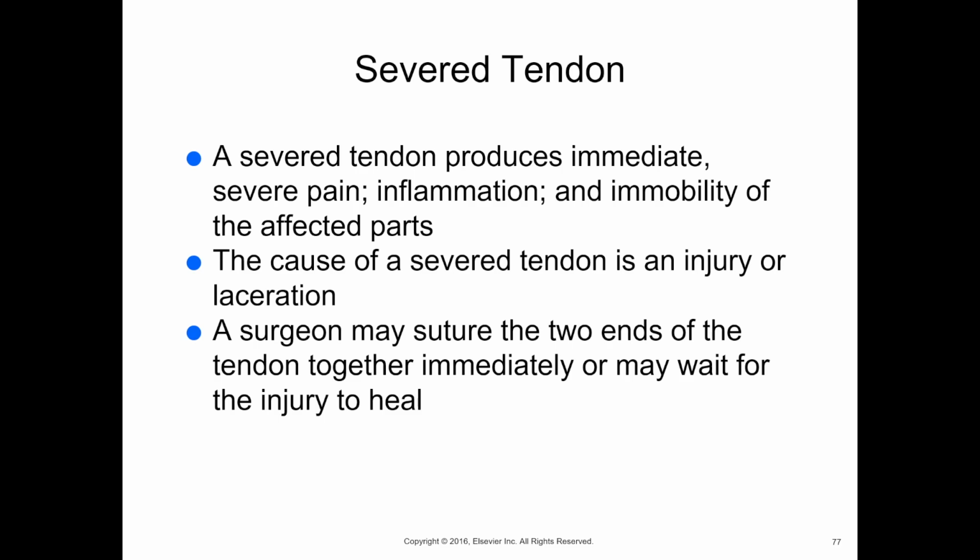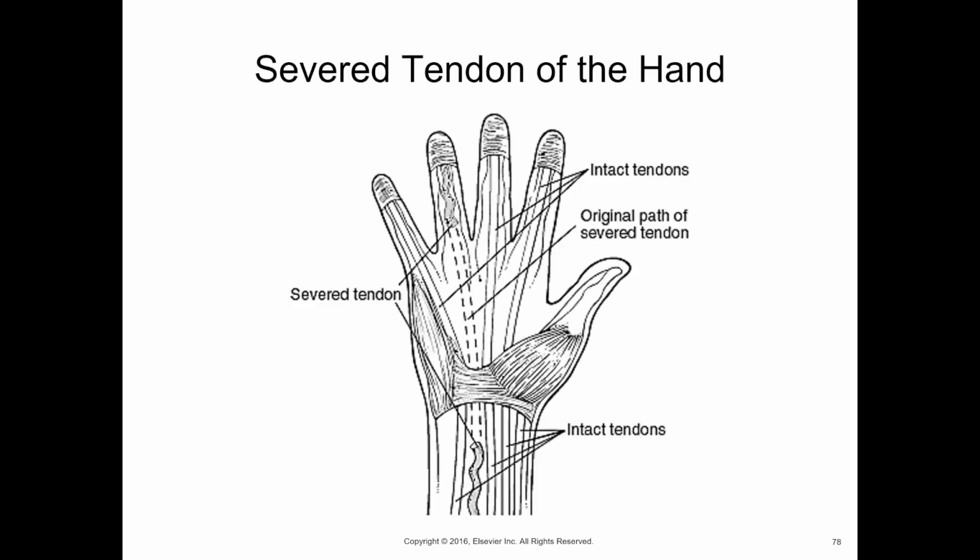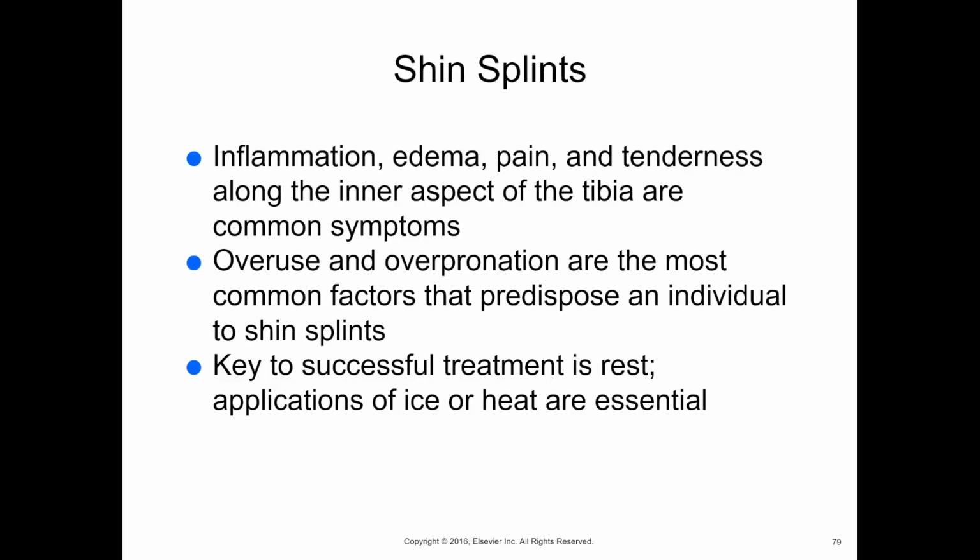Typically with this, provided they can grab both ends, they will actually suture them back together, immobilize the region to allow them to heal, and then slowly start working to restore motion.